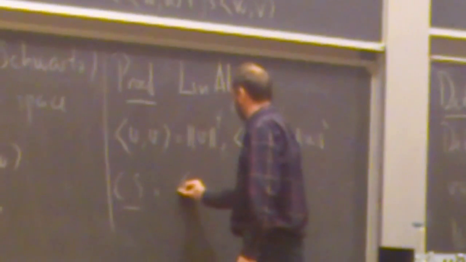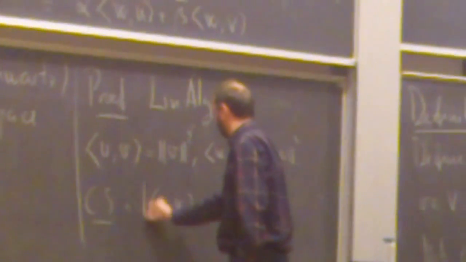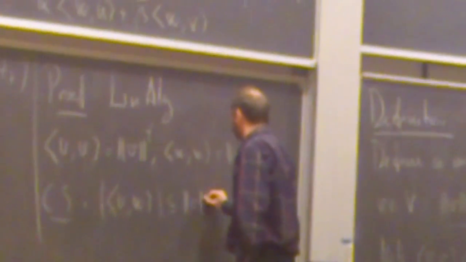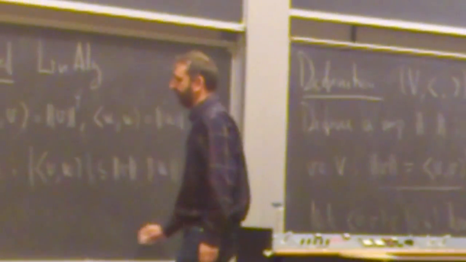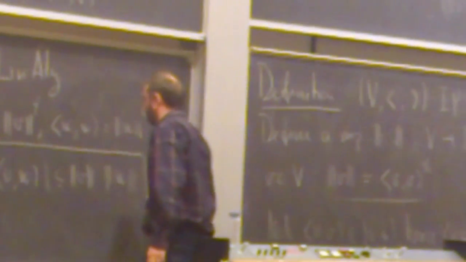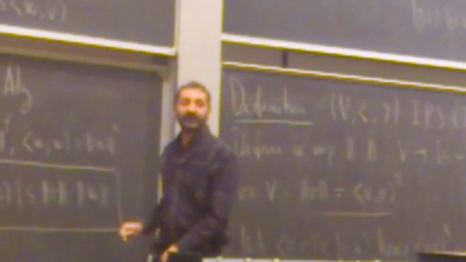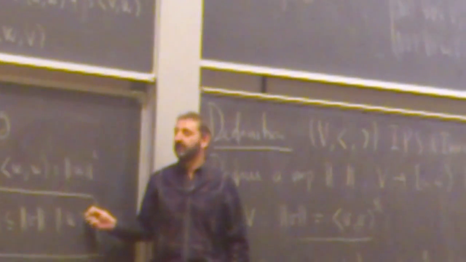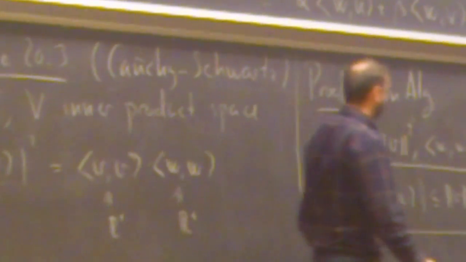So if I use now that the inner product of V with V is the norm of V squared, and of W with W is the norm of W squared, then Cauchy-Schwarz can be written the following way: the absolute value of the inner product of V and W is less than or equal to the norm of V times the norm of W. And maybe this is a more familiar way of expressing Cauchy-Schwarz. Maybe you've seen this. But you see it is exactly the same as this. I just take the square root of both sides. So then we get this formulation here.